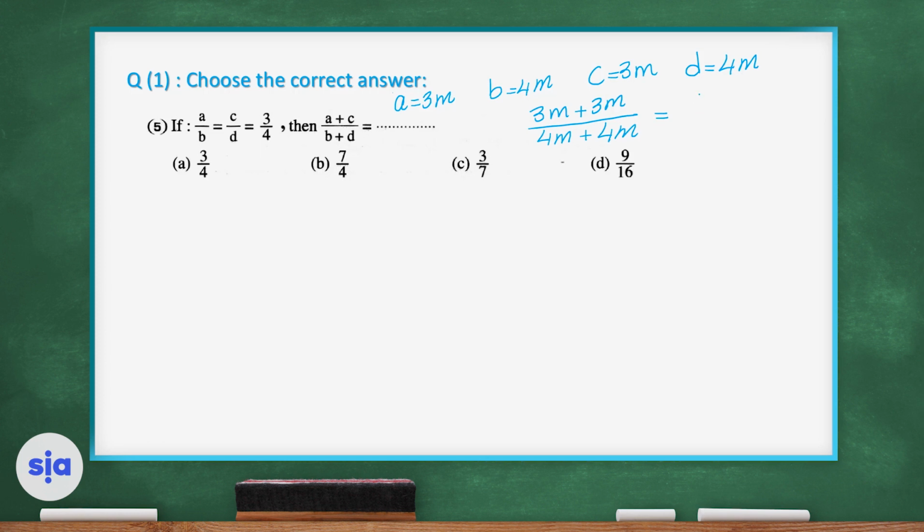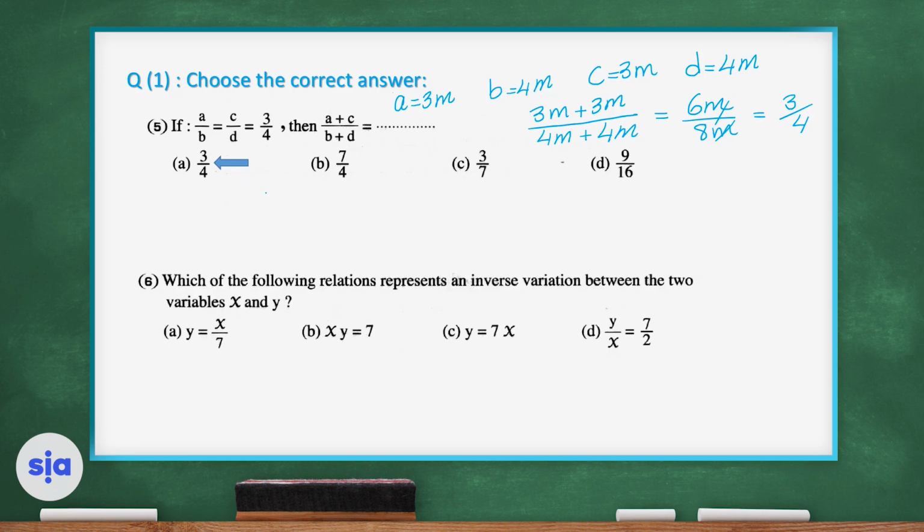If we simplify this, it's 6m over 8m. Cross out the m's together, and the result will be 3 over 4. So the answer for question 5 is choice A. For question 6, which of the following relations represents an inverse variation between the two variables x and y?